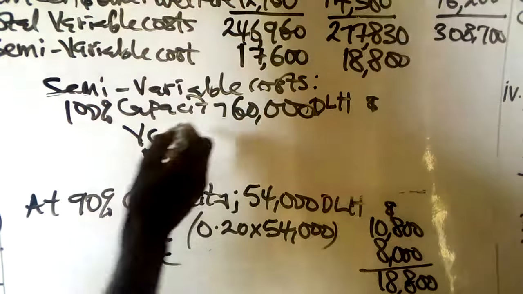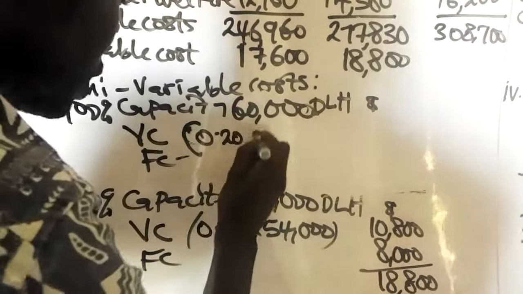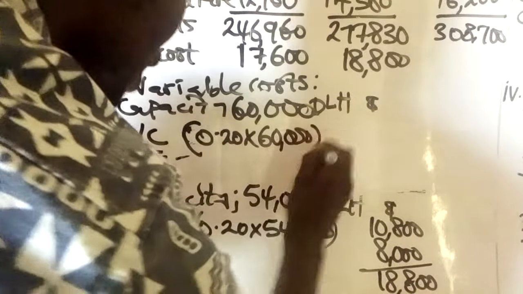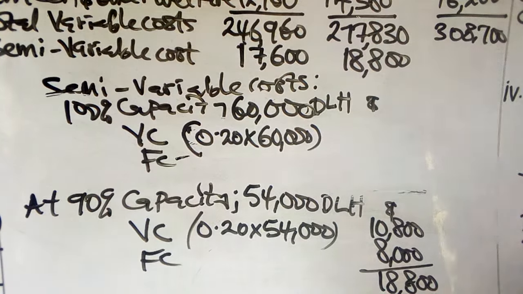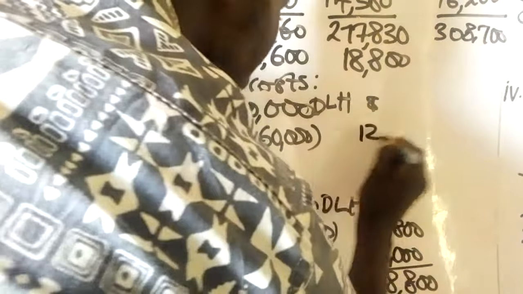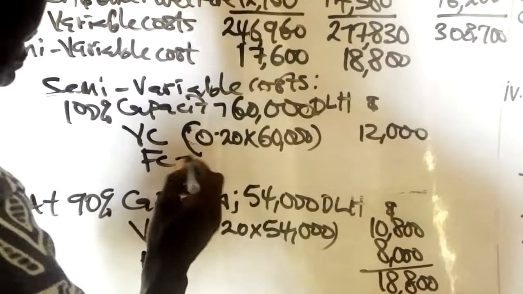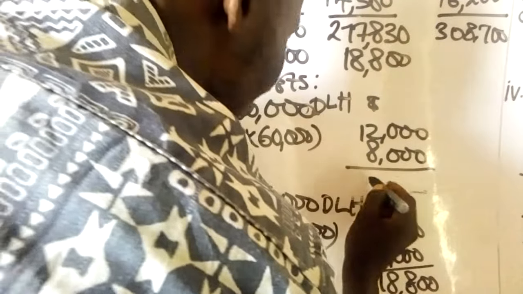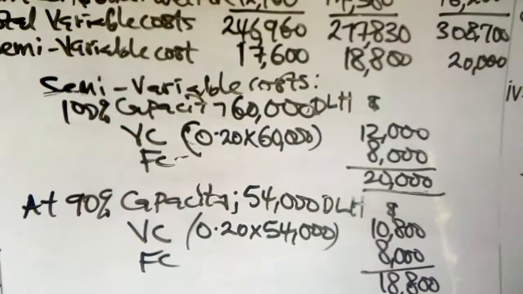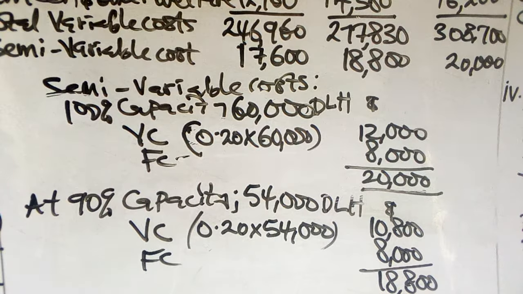So the variable component will be 0.2 times 60,000, which is 12,000. The fixed element of semi-variable cost is 8,000. If you add the 8,000 to 12,000, then you have 20,000. Therefore, our semi-variable cost is 20,000 at 100% capacity. That is all about note 4.